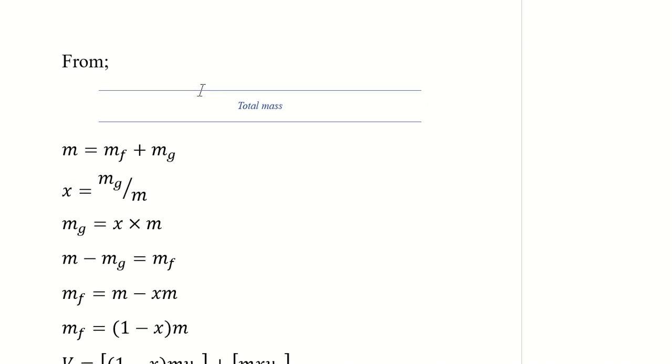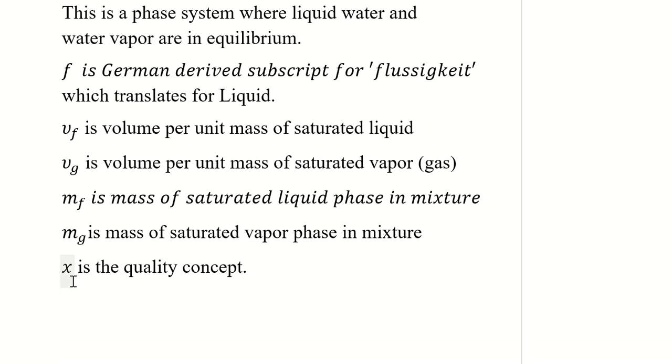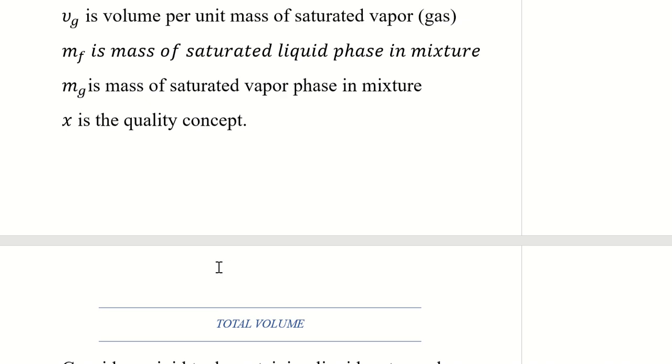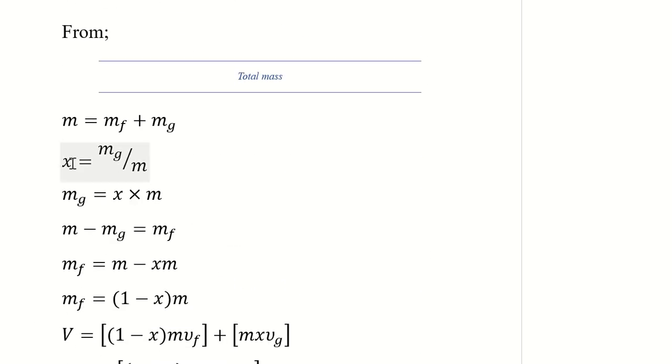As we looked at it at the beginning of the video, we said x is the quality concept. So you want to introduce it and you say x is equal to the mass of the vapor phase divided by the total mass. Now you make the mass of the vapor the subject of the formula and you get x times m.